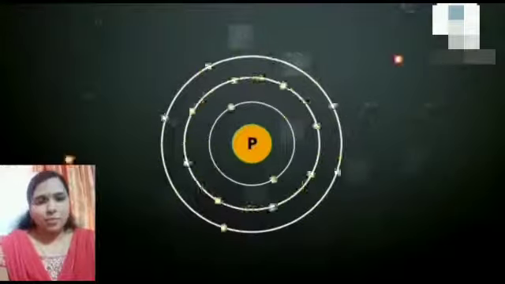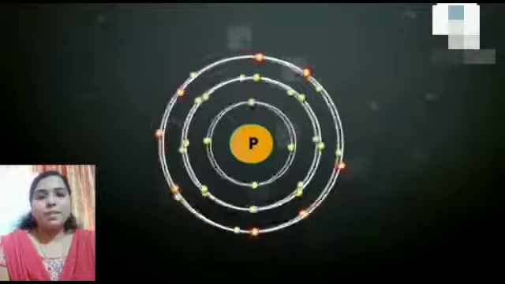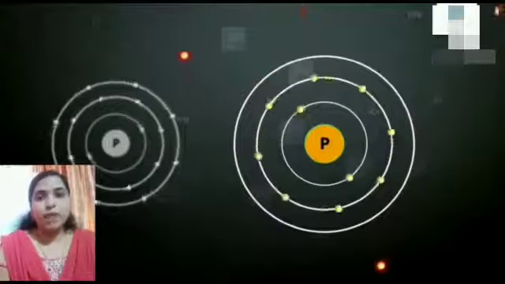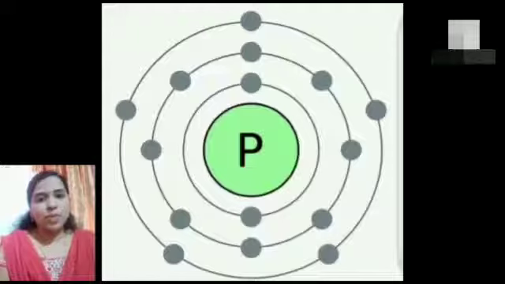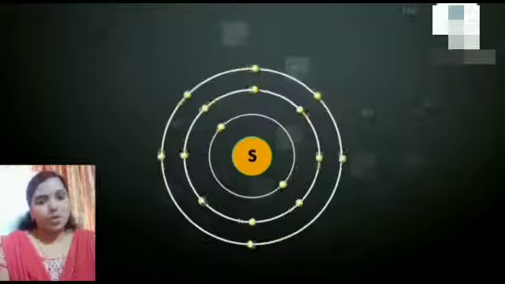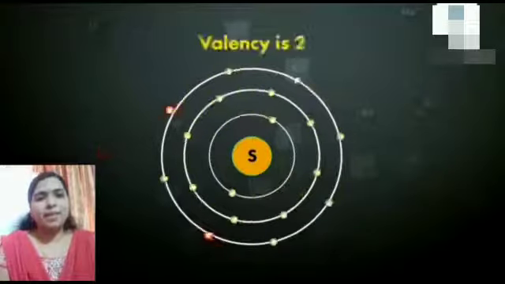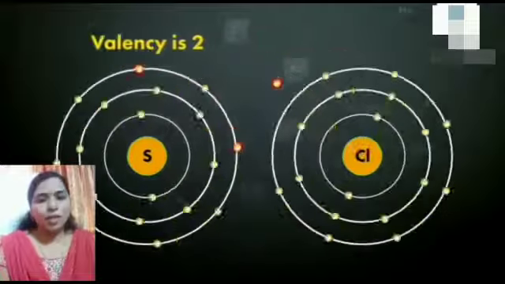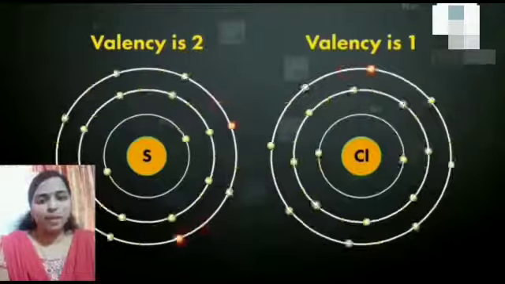Next, look at phosphorus. It can complete its octet either by gaining 3 electrons or by losing 5 electrons from its valence shell. So, what does phosphorus do? Yes, it will obviously gain 3 electrons from some other atom to complete its octet. In the same way, look at sulfur, its valency is 2, and chlorine, its valency is 1.